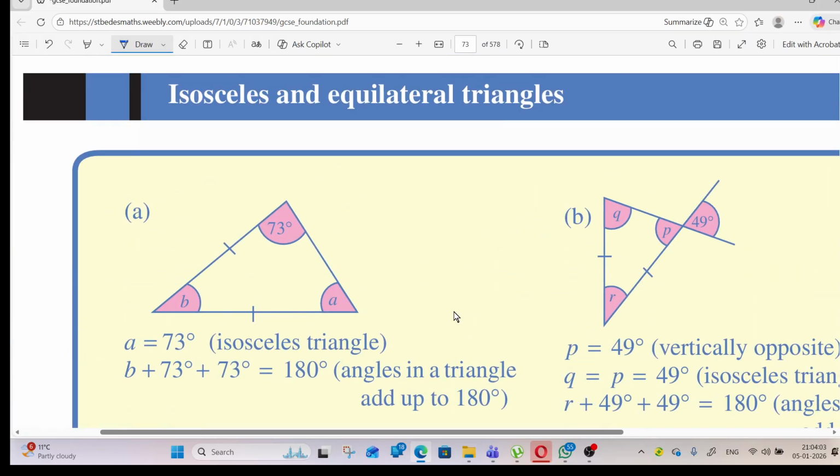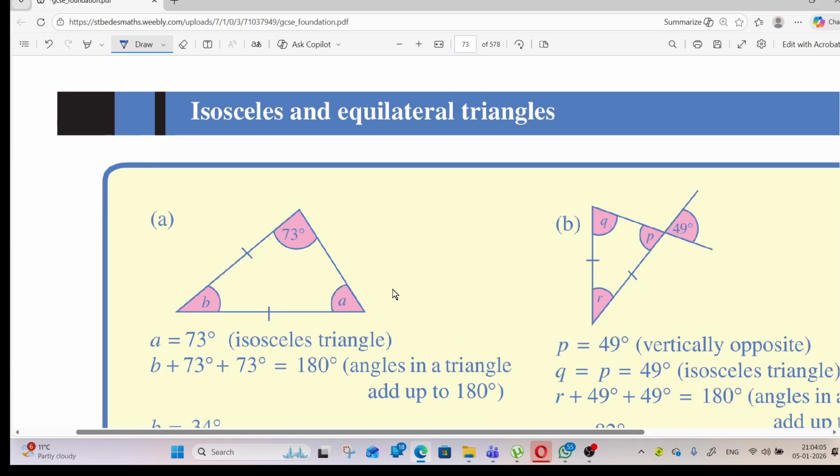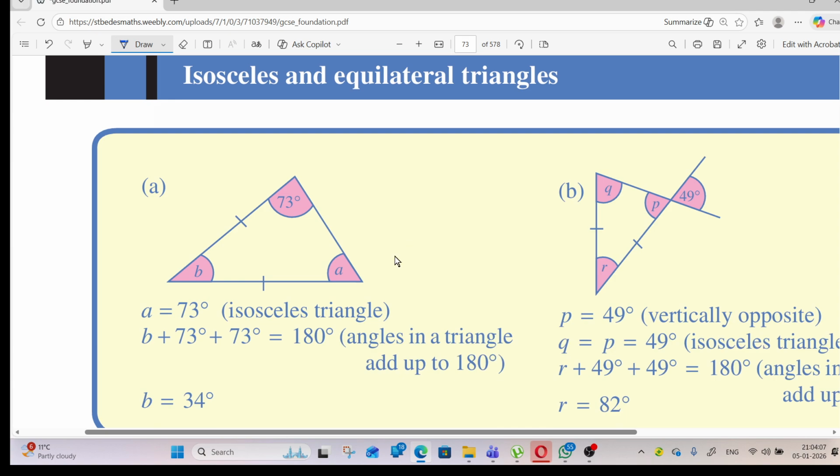Now let's talk about isosceles and equilateral triangles. Isosceles triangles mean two sides are equal. If you see, this is the symbol of equal sides. That means this side is equal to this. Suppose this is 10 centimeters, so this is also going to be 10 centimeters. So basically, the angles opposite to equal sides are also equal.